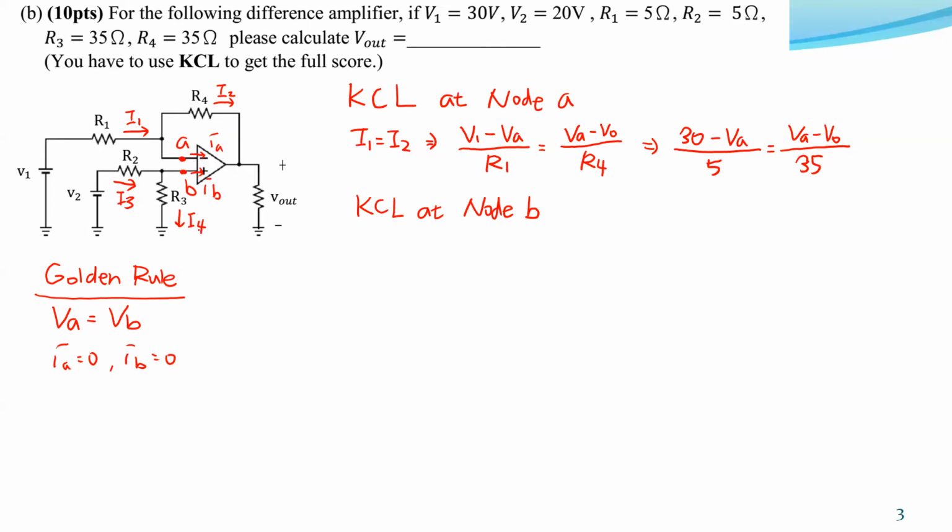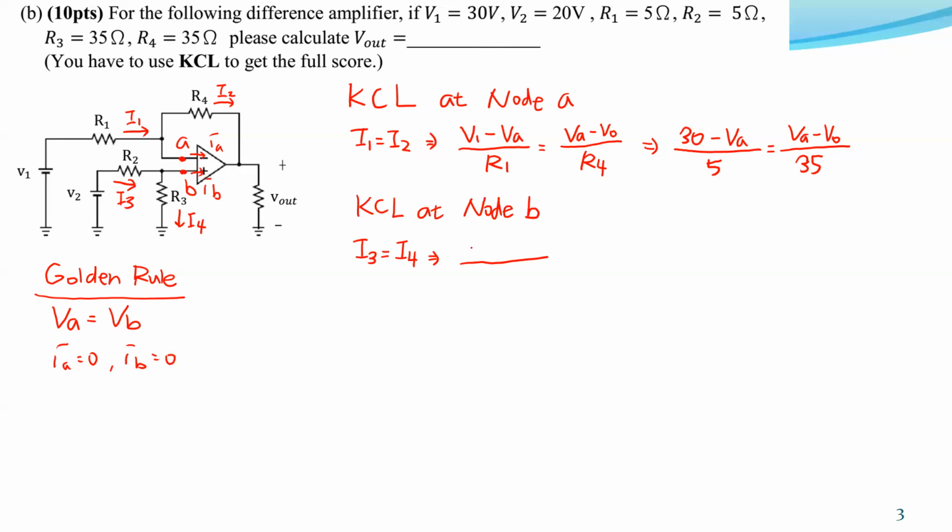So KCL at node B, we have I3 equals I4. The direction of I3 and I4 doesn't matter.